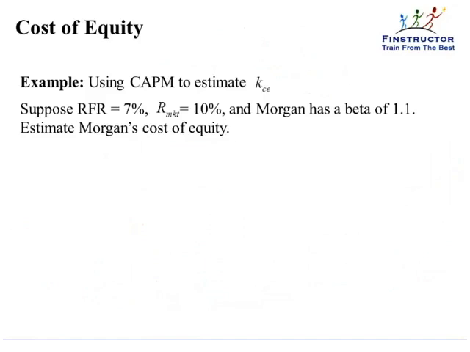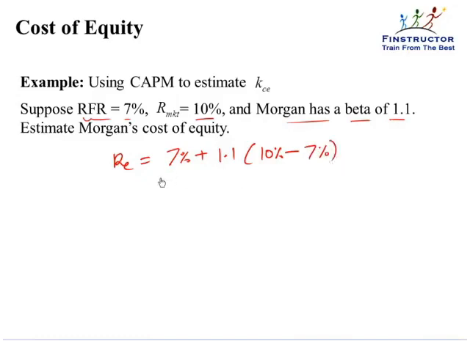Let's do an example. Suppose the risk-free rate is 7%, the return on the market is 10%, and Morgan has a beta of 1.1. Estimate Morgan's cost of equity. So cost of equity is the risk-free rate, that is 7%, plus beta into the expected return on the market minus the risk-free rate.